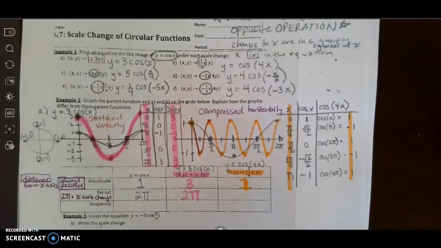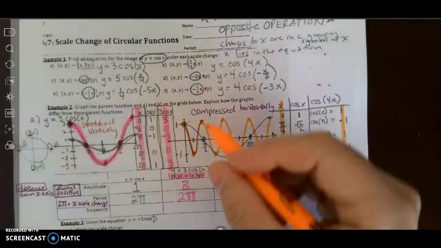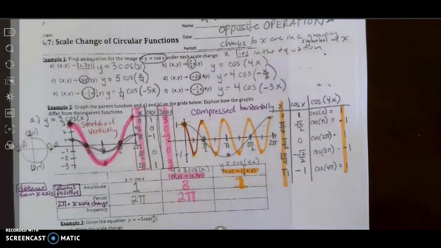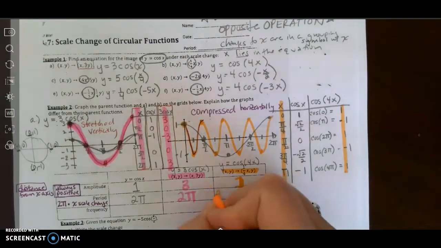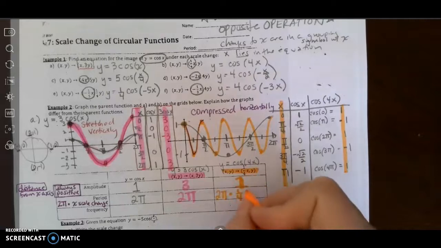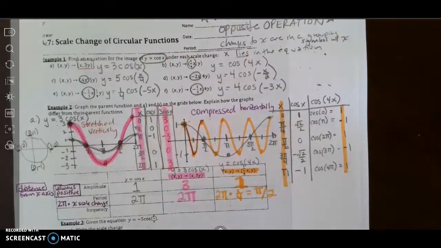Now you'll notice for a full period on my orange graph, it only took pi over 2. We did a full curve right here from 0 to pi over 2, and that's because it's 2 pi times the x scale change, which is 1/4, and 2 times a fourth is a half, so we get pi over 2.